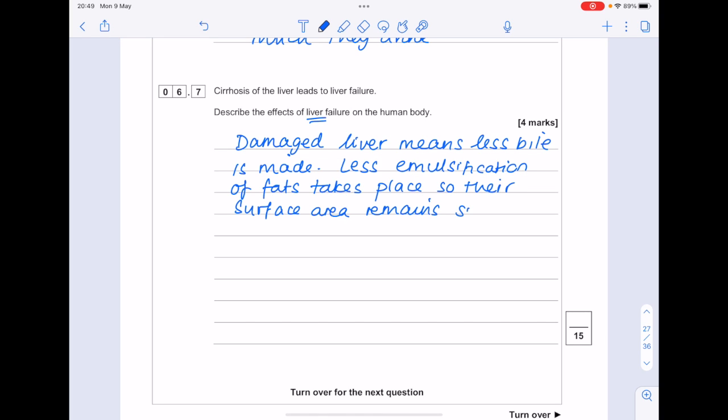What's the second role of bile? Well, it neutralizes hydrochloric acid from the stomach. So less bile means less neutralization of stomach acid or hydrochloric acid in the small intestine.